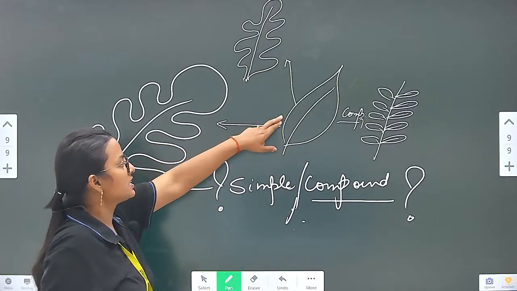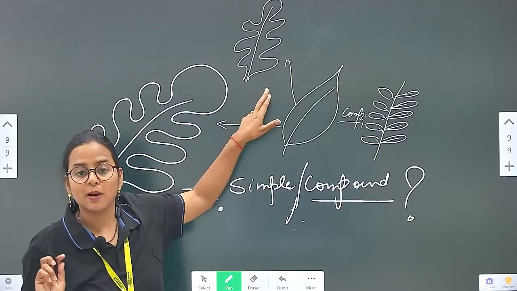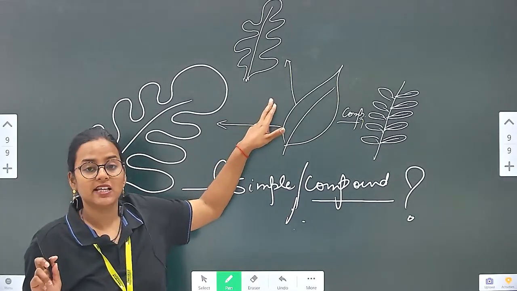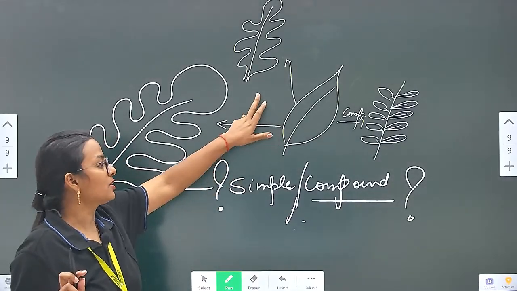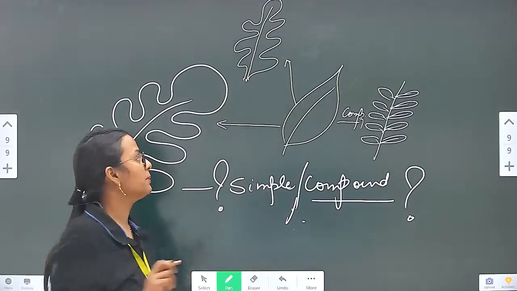So if the leaf looks like this, it is not a compound leaf. Why? Because you can see the incision is not touching the midrib.